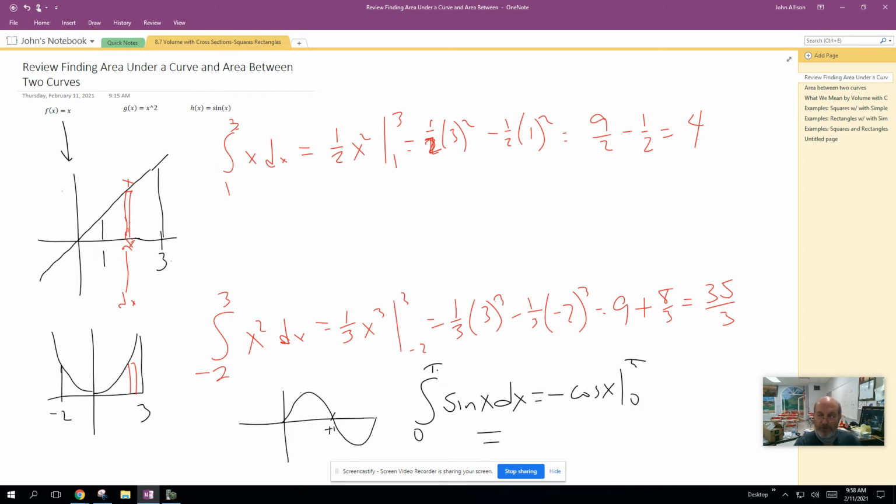And so when we do this, we get negative cosine pi minus negative cosine 0. Cosine pi is -1, so negative cosine pi is +1, and negative cosine 0 is -1, so we subtract -1, that makes +1. So the integral area from 0 to pi, the infinite sum of those rectangles, is 2.